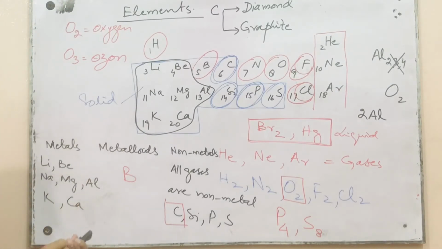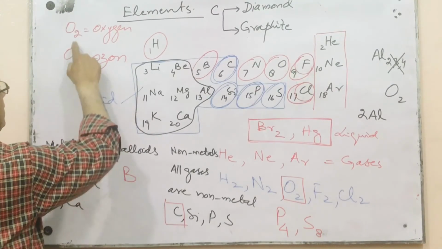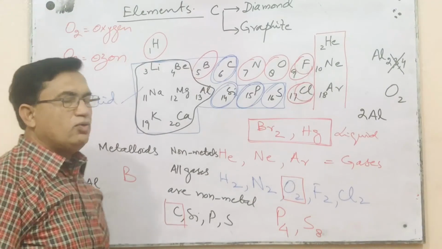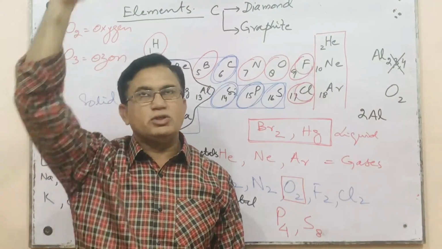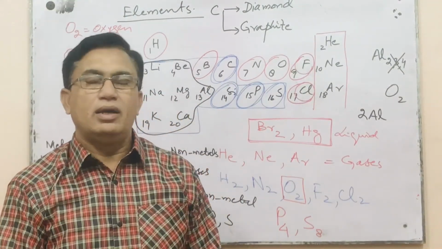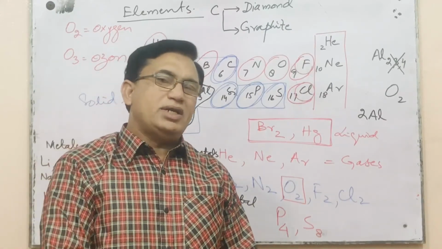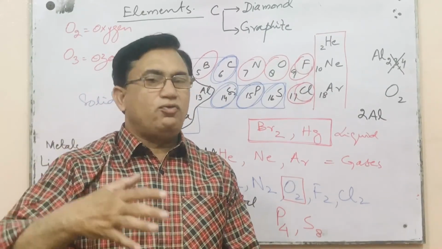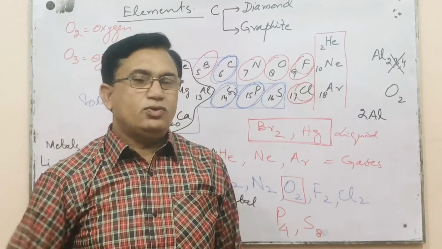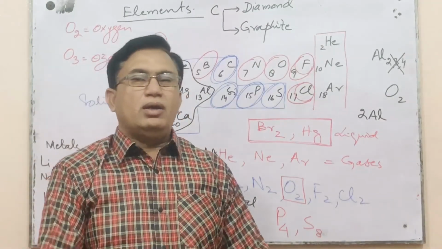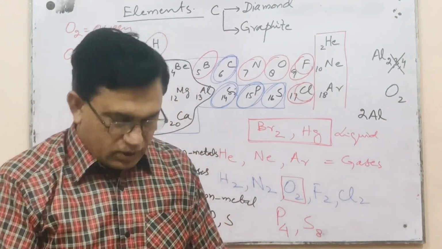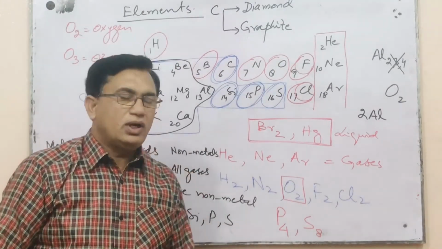Ozone is formed at high temperature when oxygen molecules react with each other, and this reaction takes place high up in the atmosphere, and the dangerous radiation coming from the sun is filtered by ozone. That's why ozone plays a very important role for the safety of human life on the earth.